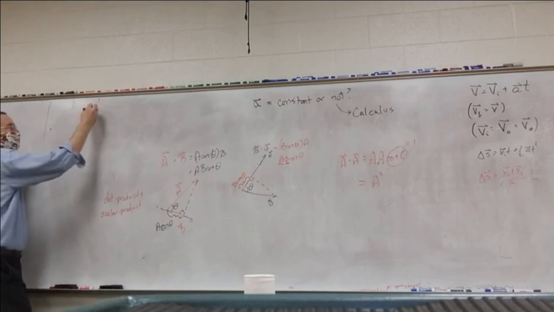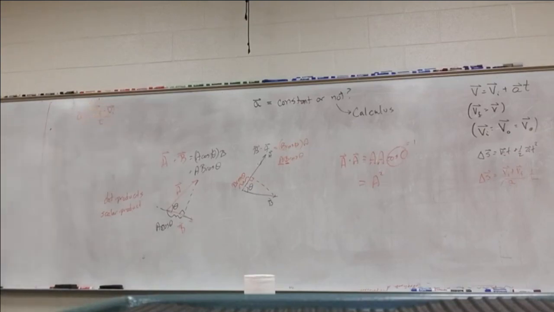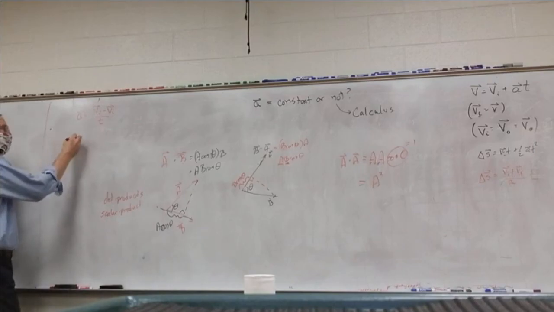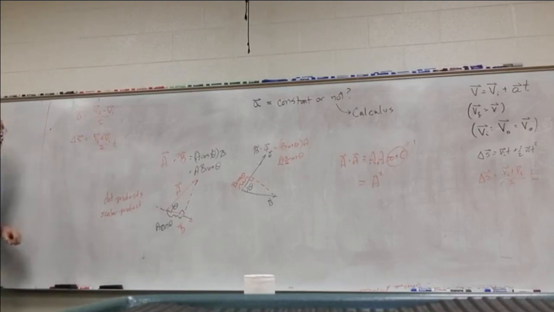So this is just VF minus VI divided by time. And I'm going to take my average over there. I got my displacement is equal to VF plus VI over 2 times time.